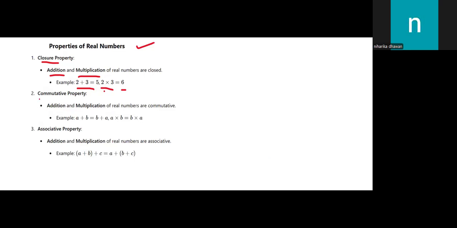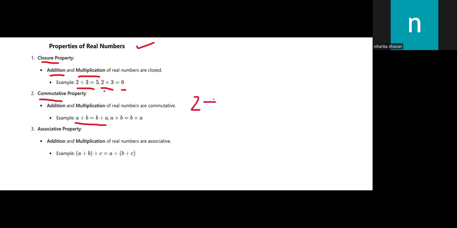Now comes the commutative property. So addition and multiplication of real numbers are commutative. How? Now, if I add a plus b and b plus a, it means the same. Addition in real numbers is commutative. For example, if I take two numbers as 2 and 5.